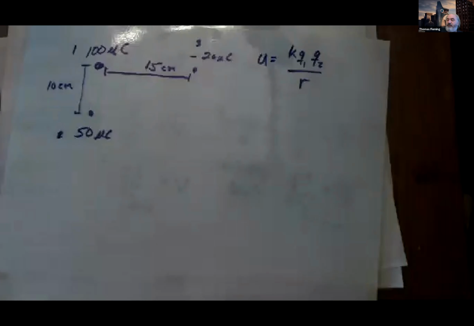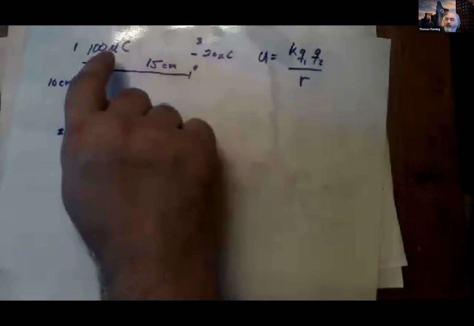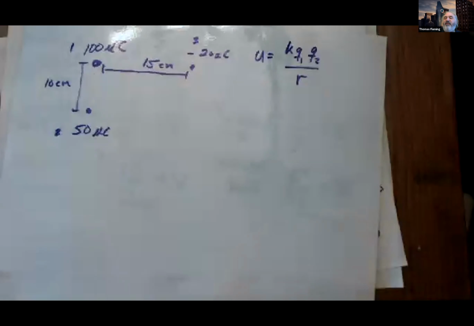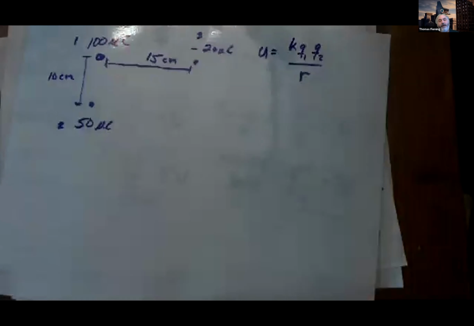But then I'm going to go back out to infinity and grab the second charge, this 50 microcoulomb charge. The entire time that I'm bringing that 50 microcoulomb charge in, it's being pushed on by the 100 that I've already placed there. It takes a certain amount of work for me to put this guy that close to him because they're repelling the entire way.